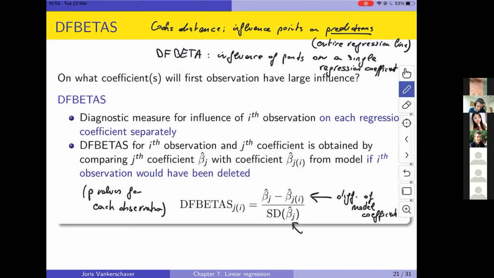And in the denominator, we have the standard deviation of beta j. And that standard deviation, how do you compute that? Well, either use the formula, which we glossed over a few lectures ago. So there is a formula and you can compute this by hand, or you look in the output of R in the standard error column and you grab that value.